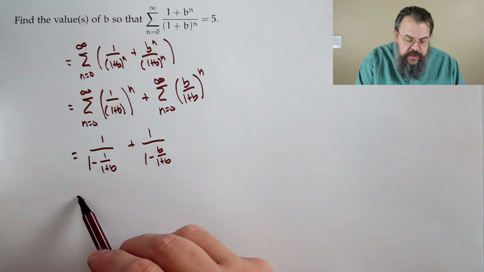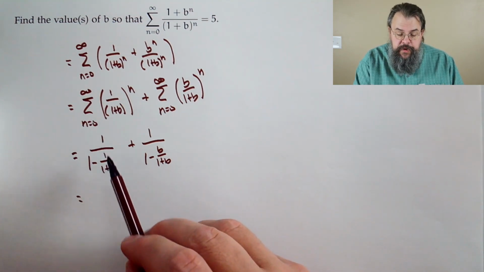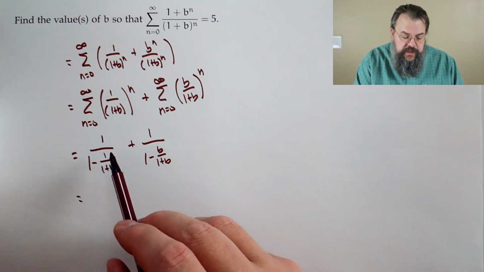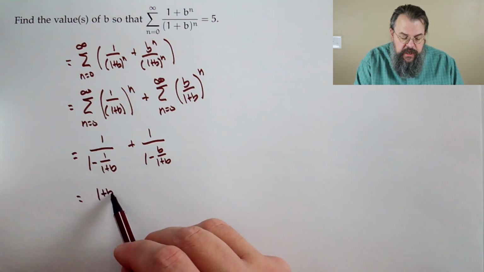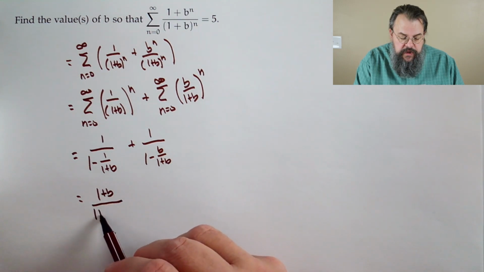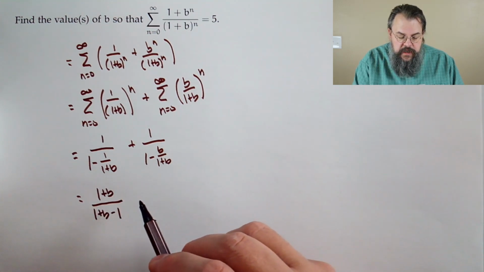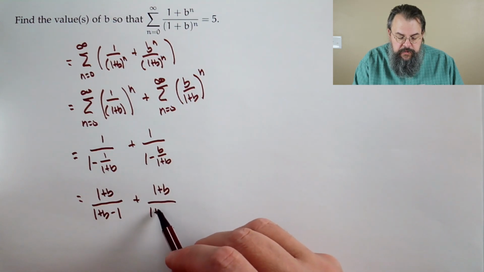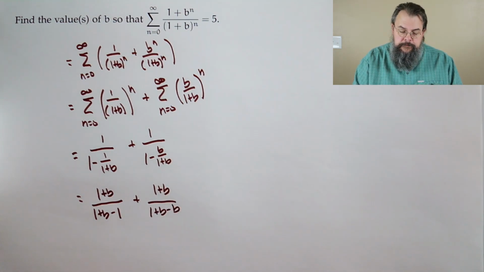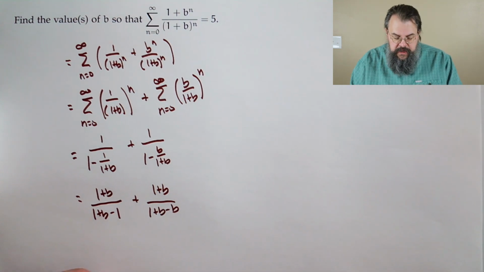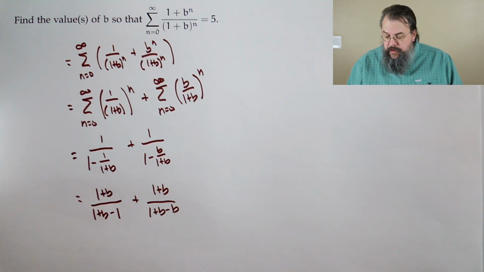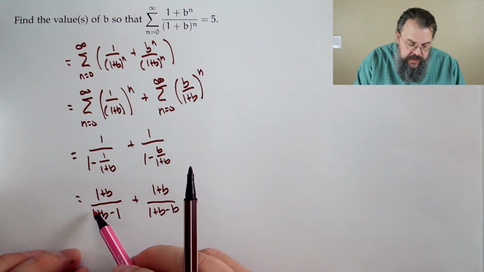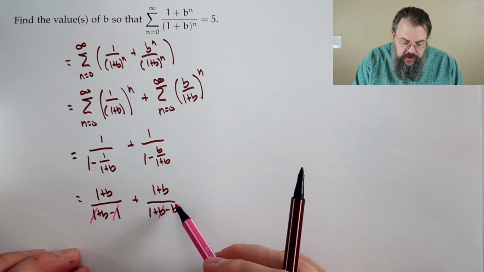All right, well, let's multiply top and bottom by 1 plus b in both cases, just to help us get rid of our fractions within fractions. So we have 1 plus b over 1 plus b minus 1 plus 1 plus b over 1 plus b minus b. Okay, the b minus b cancels, same way as the 1 minus 1 cancels. So that's good news for us. It's great news for us, really.